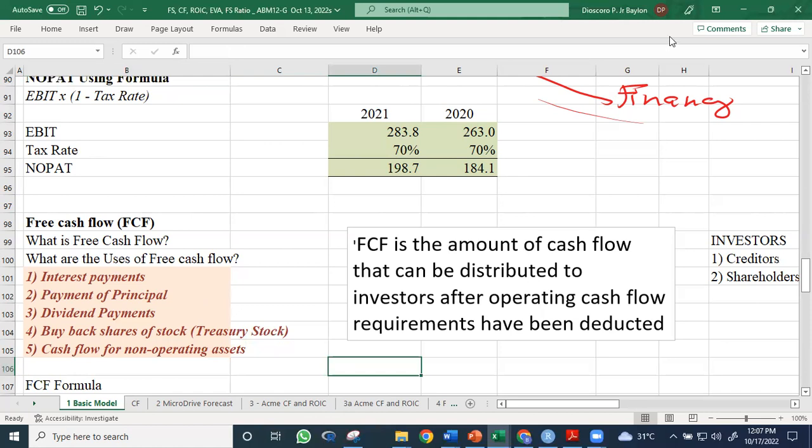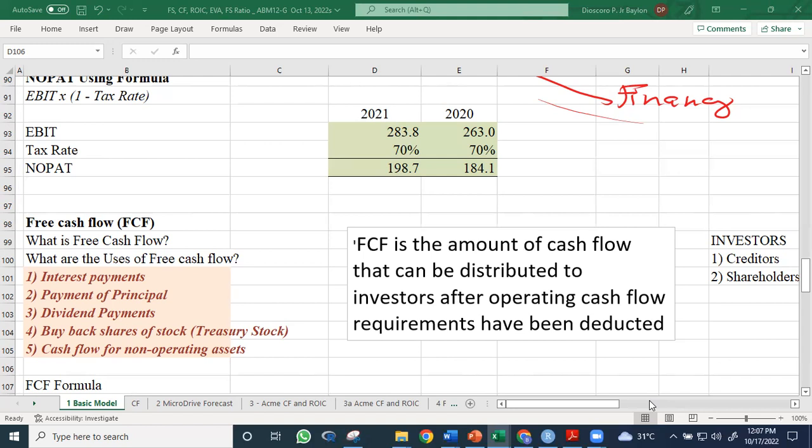Again, let me pause for a while and let's see if you've got this 5: interest payments, principal payments, dividend payments, treasury stock, or mga for non-operating assets.